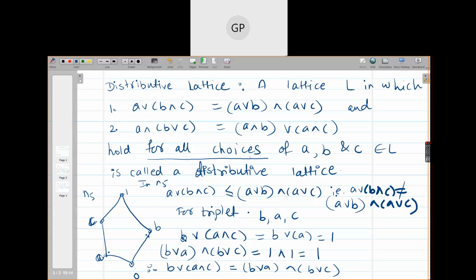That is also the meaning of for all choices. Sometimes the laws hold, sometimes not. That is not allowed. It should hold for each and every choice of A, B and C, for every sequence. And therefore N5 is not a distributive lattice. So we are writing an example initially of not a distributive lattice.